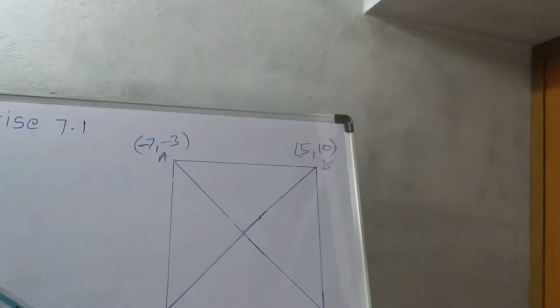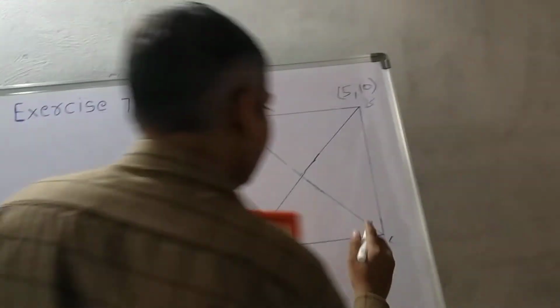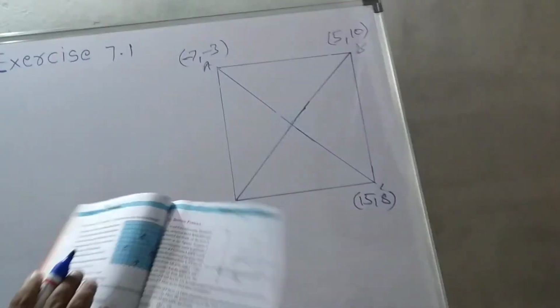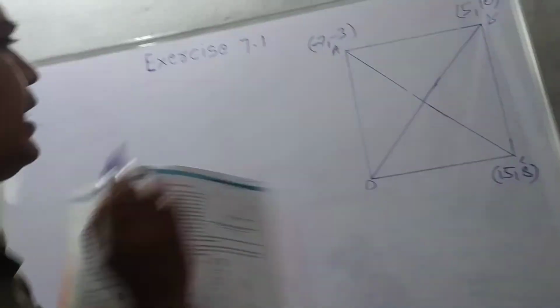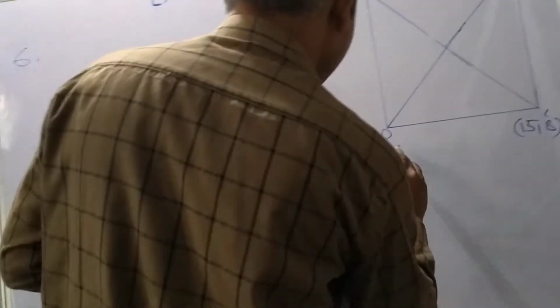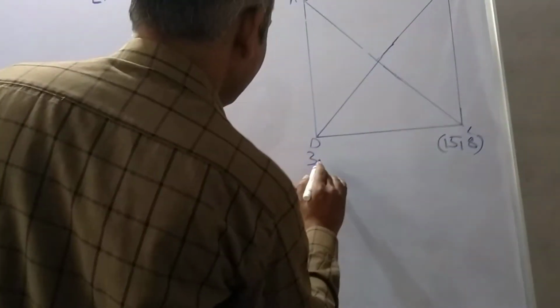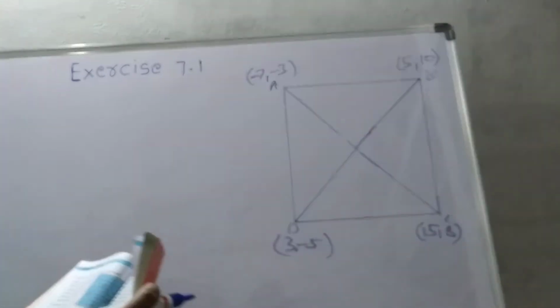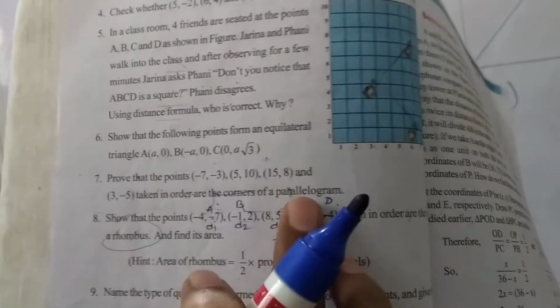Then C is (15, 8). Then D is (3, minus 5). These are the four points taken in order as the corners of a parallelogram. We have to prove the corners form a parallelogram.